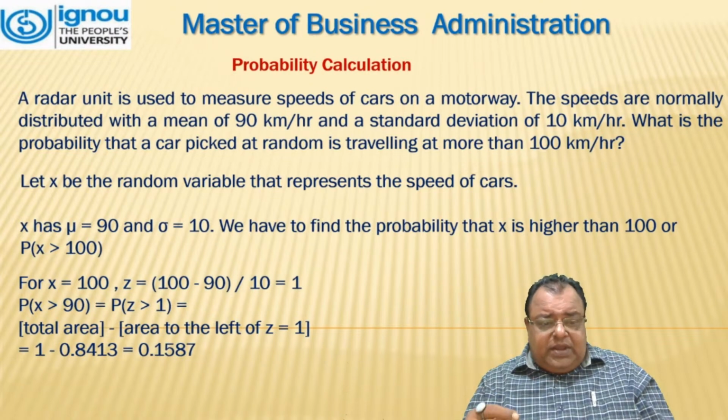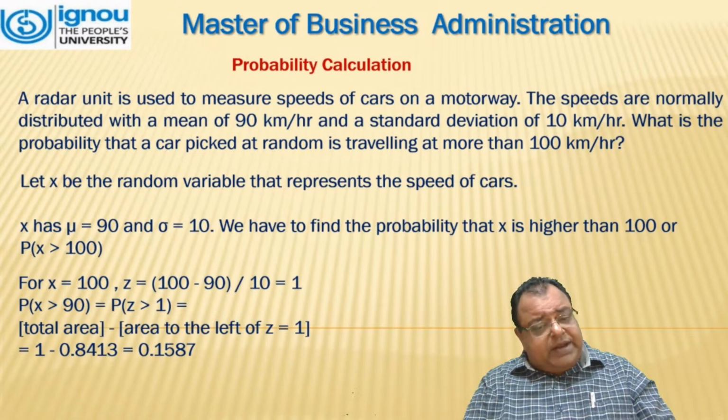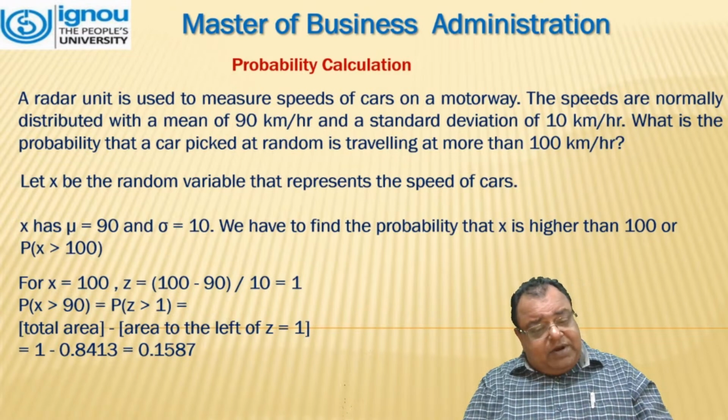Z will be equal to x minus mu upon sigma, that is 100 minus 90 divided by 10, which comes out to be 1. We have to calculate the probability of z greater than 1.